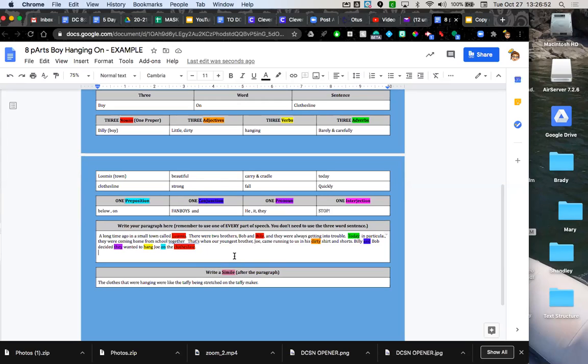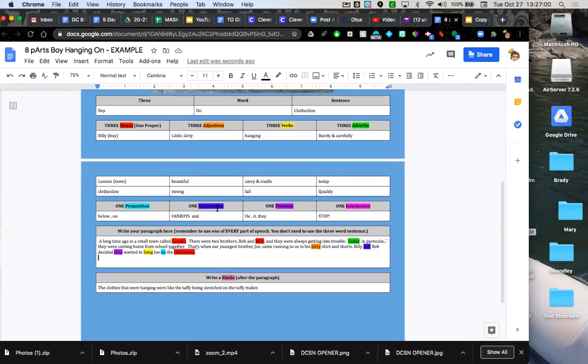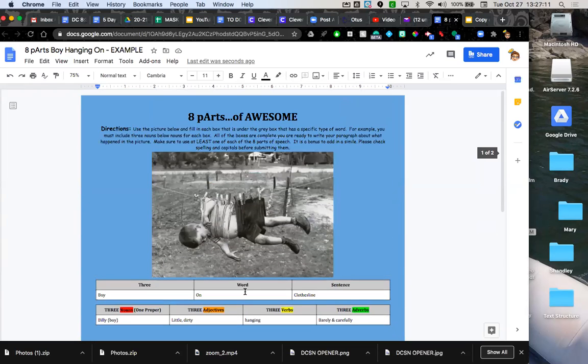My comparison for this picture was that the clothes that were hanging, right, from the clothesline, the clothes that were hanging were like the taffy being stretched on the taffy maker. Okay, the clothes that were hanging were like the taffy being stretched on the taffy maker.